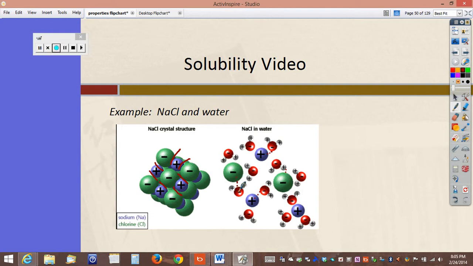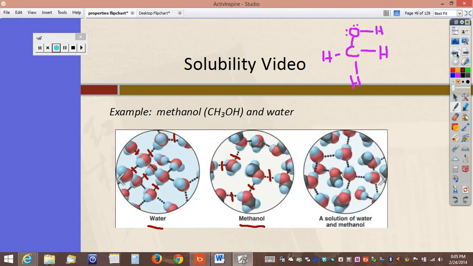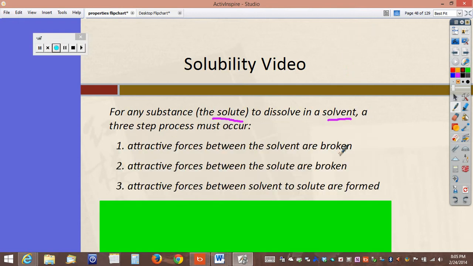Now, while we've given two examples of things that are polar covalent and ionic and show that they dissolve, that's not always going to be the case. Remember, it's a three-step process. We need to break the attractive forces in the solvent. We need to break the attractive forces in the solute.